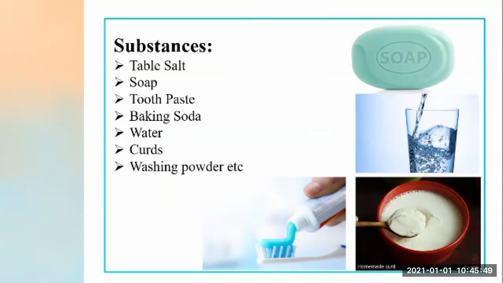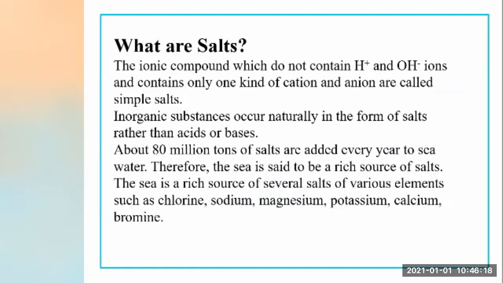Some examples are table salt, soap, toothpaste, baking soda, water, curds, washing powder, etc. A number of things which we are using in day-to-day life. But we don't know the properties of those substances, right? So in this chapter, we will see all the properties in a scientific view. What are the properties of all the substances which we are using? Okay. Now first, before going to that, we will see what salts are.